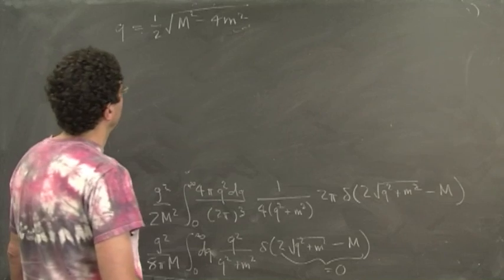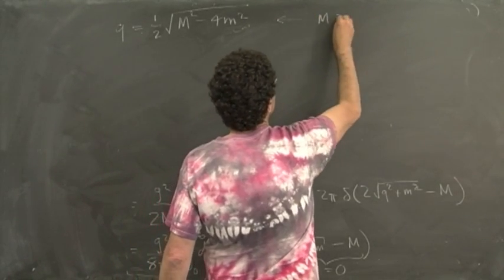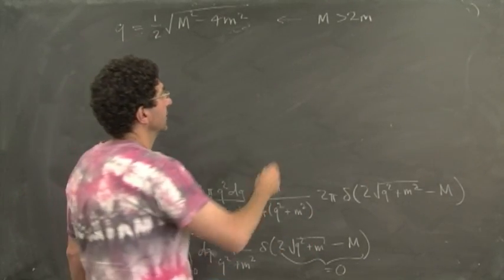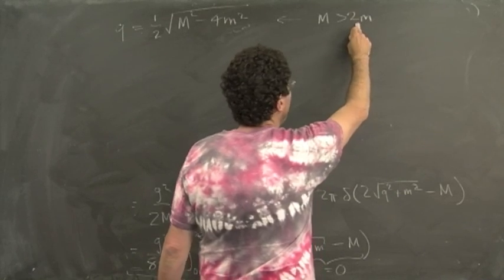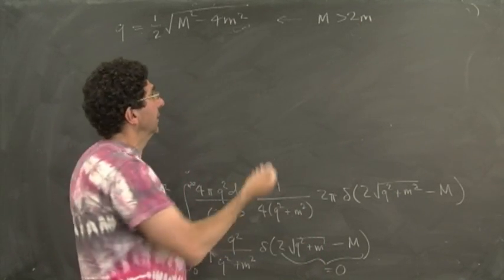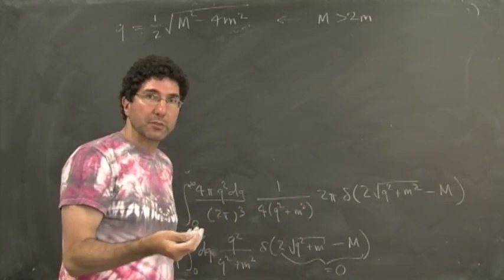And what you see is that this makes sense only if big M is bigger than 2 little m. And that's how it should be, right? This is the meson mass, and only if the meson mass is bigger than twice the nucleon mass is there enough energy in a meson at rest to even make 2 nucleons.